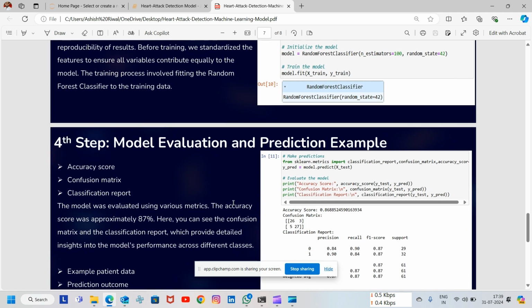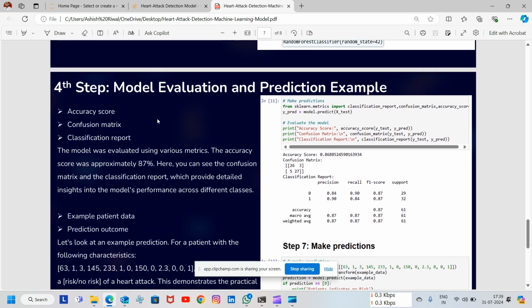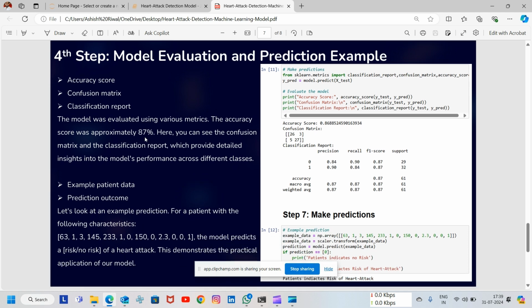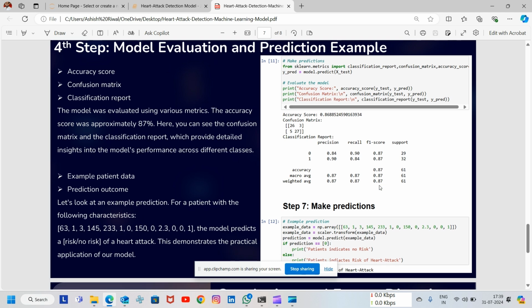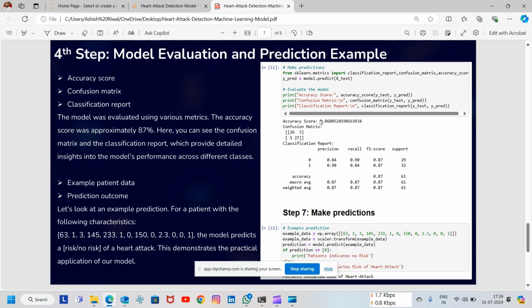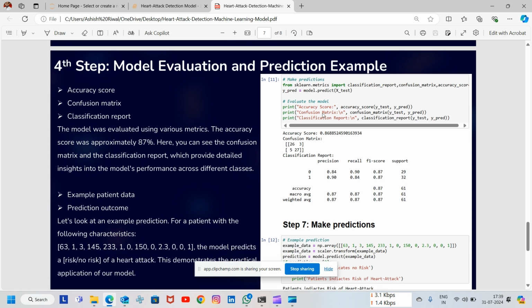So the next step is the model evaluation and the prediction sample. There are some evaluation metrics like accuracy score, the confusion matrix, and the classification report. The model was evaluated using various metrics. The accuracy score was approximately 87%, as we can see in the picture also.